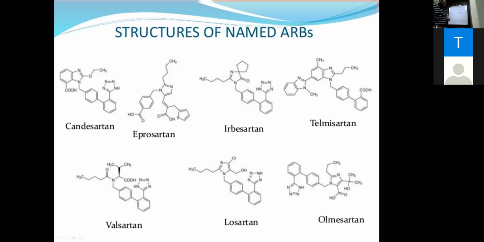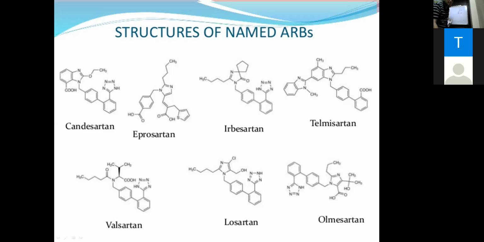Instead of the chlorine that is present in losartan, it has a tertiary alcohol and a carboxylic acid. So this is your olmesartan. In case of irbesartan, everything is the same. The only thing is that at the fifth position there is a carbonyl group, and over here it contains a five-membered spiro ring.